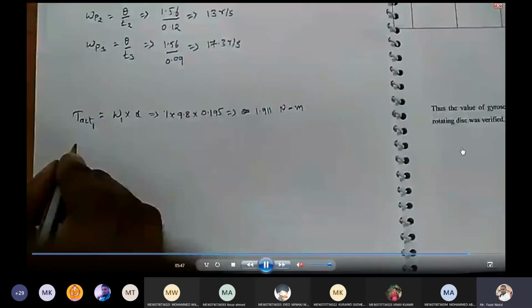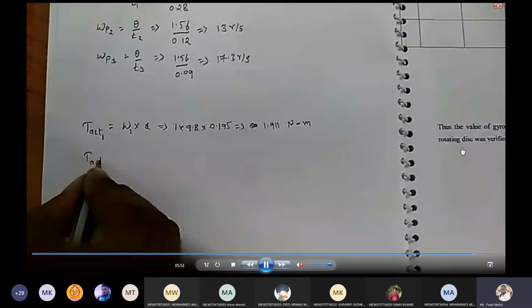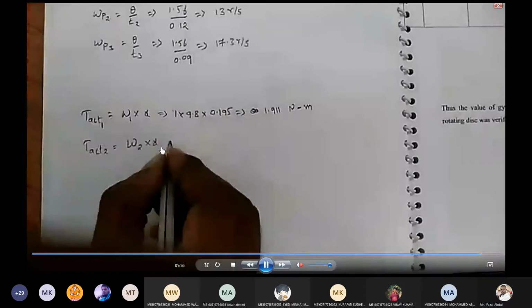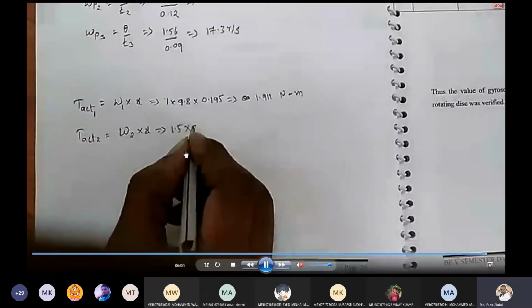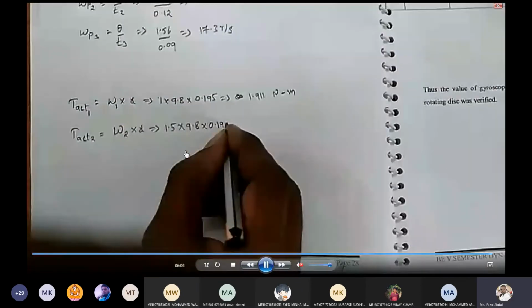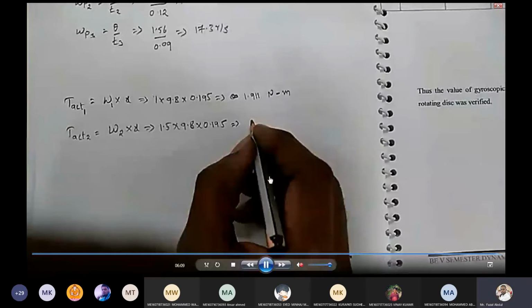Second, actual torque, second time. This is the first time for the 1 kg load. This is the second time for the 1.5 kg load. 1.5 kg into 9.8 into 0.195. This x value is common to all.